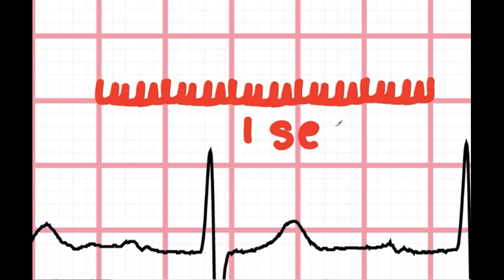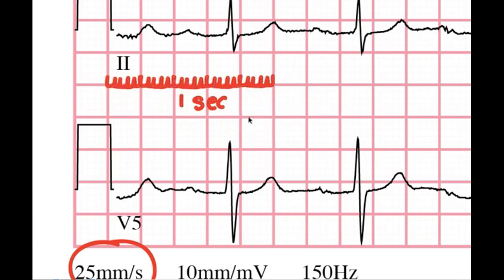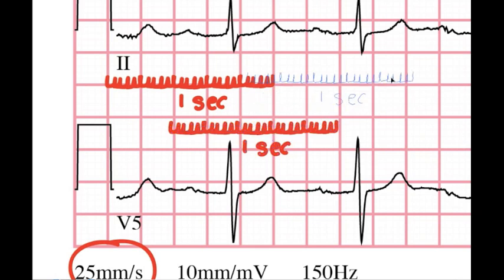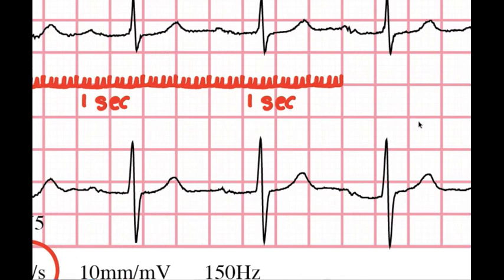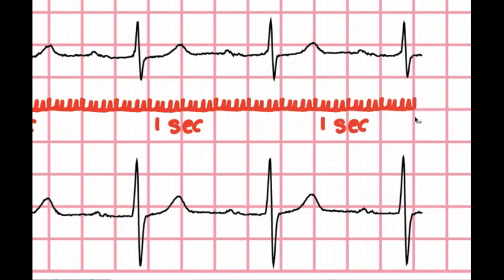1 second. So how long is an EKG in total? Well, let's take a look. We already know what a second is here. But let's figure out the whole thing. So I'm going to make copies of these until we fill up the entire EKG. There, so that brings us to the end.